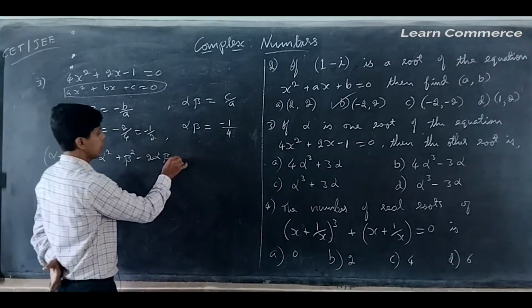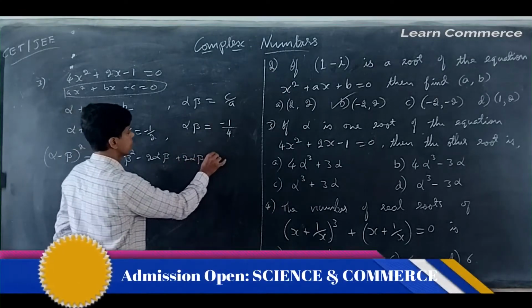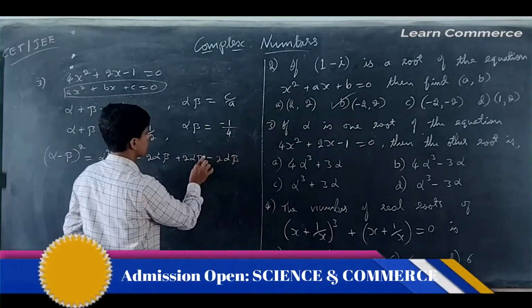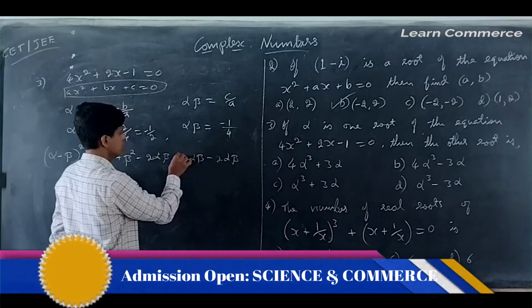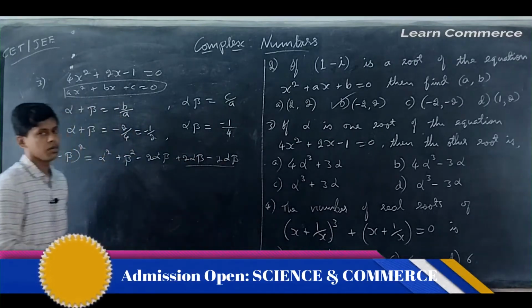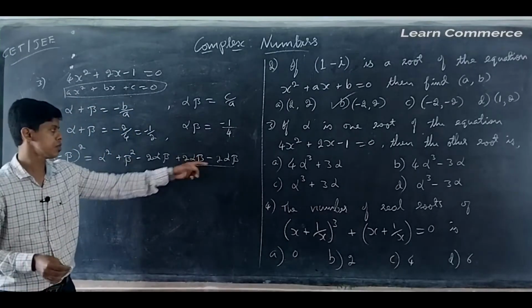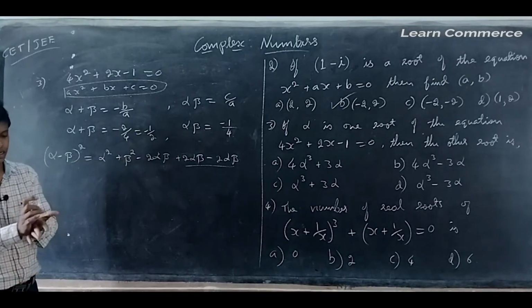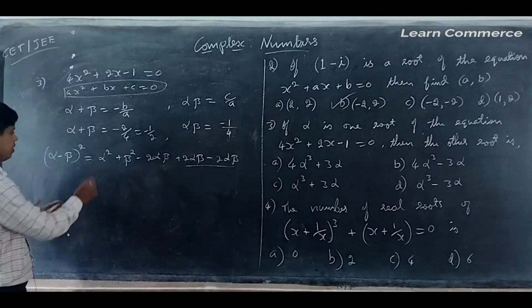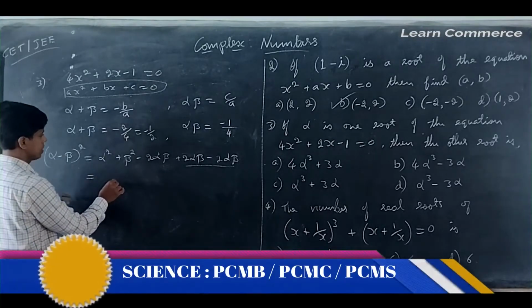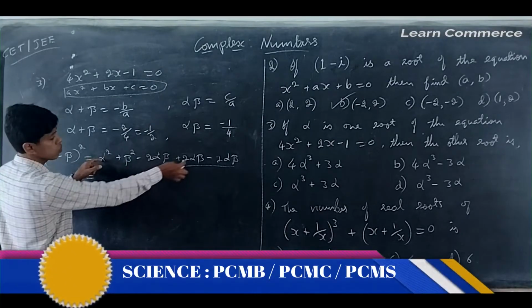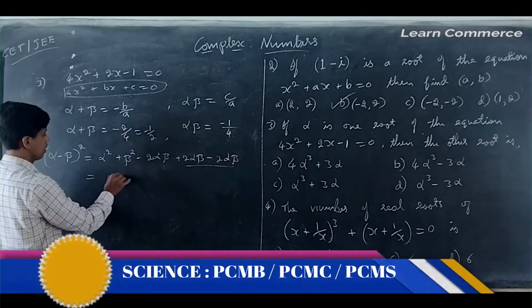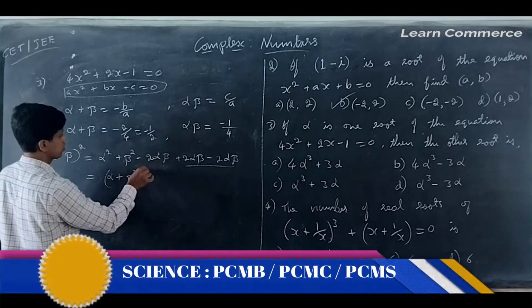Now what I'll do is add 2 alpha beta and subtract 2 alpha beta. These two things I am doing extra. Whenever you add something you have to subtract it, then only there is no difference between the original thing and the resultant thing. Now look at this: alpha square plus beta square plus 2 alpha beta is alpha plus beta the whole square.